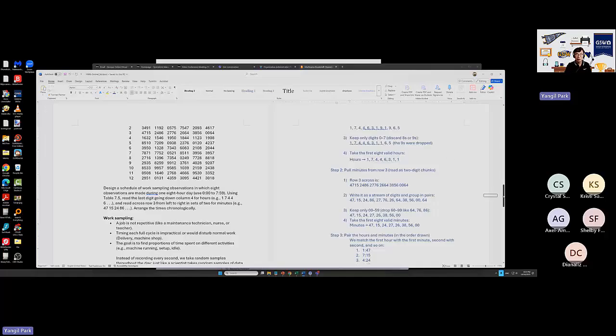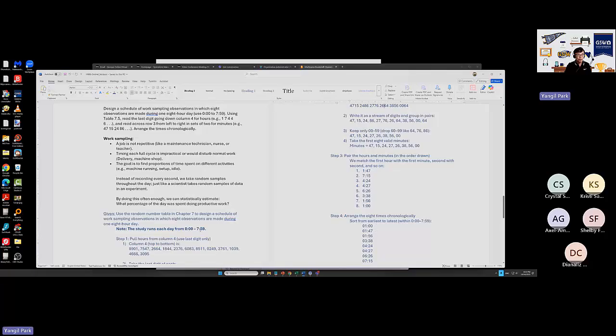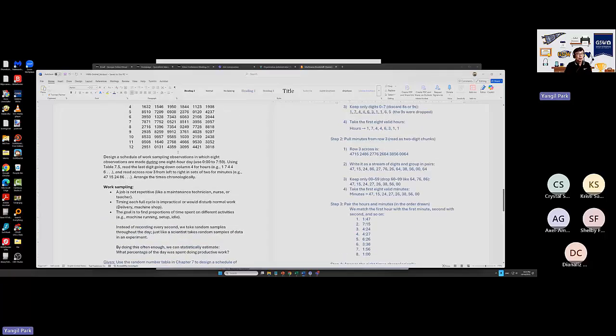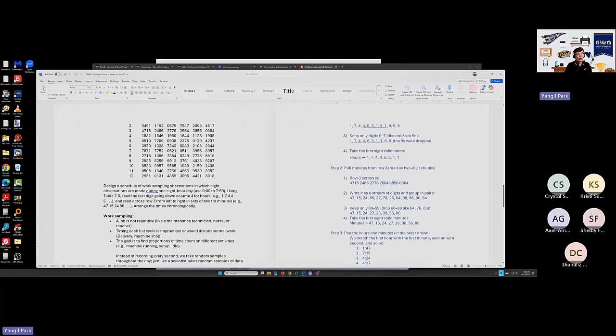What about the minutes part? Remember, minutes are going to be 00 to 59, so that's the format. This time we use row 3 across, but we pick up the digits two at a time as a pair: 47, 15, 24, 86.